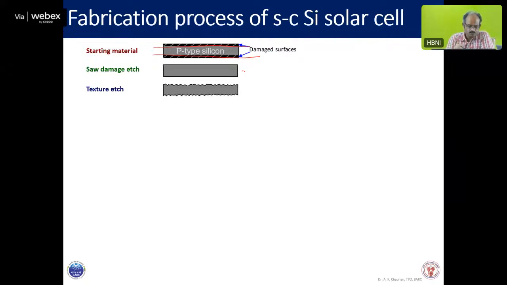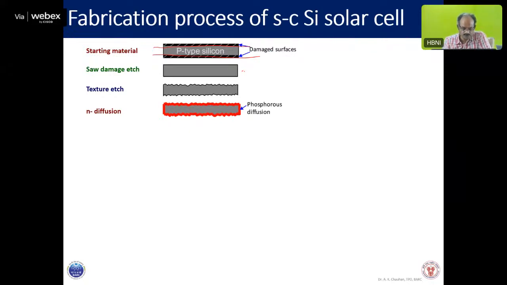Then we texture both these sides. Texturing is to increase the absorption area and reduce the reflection. This is done mostly by chemical etching. Then phosphorus diffusion is done. This red part is the phosphorus diffusion.